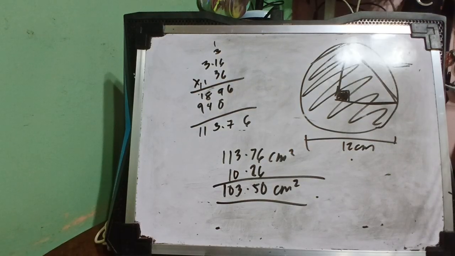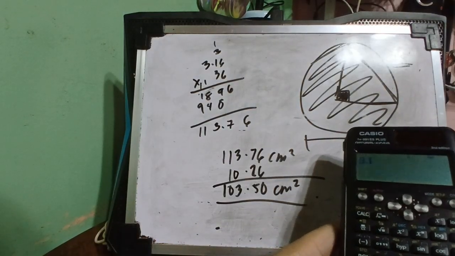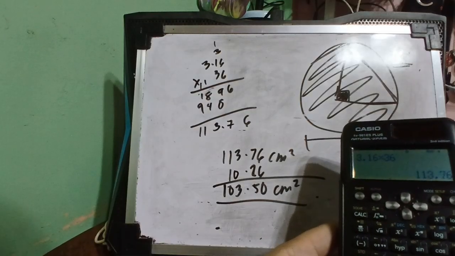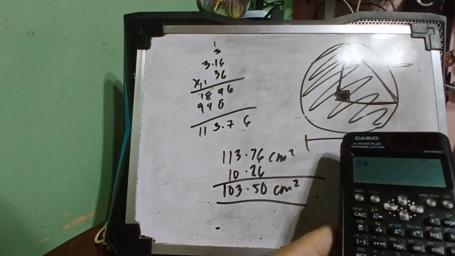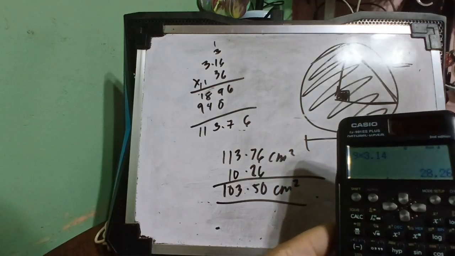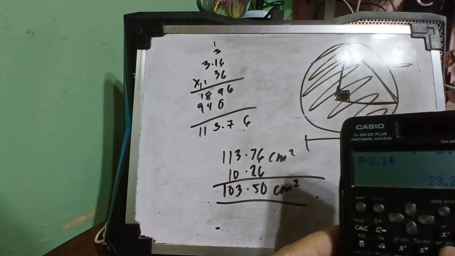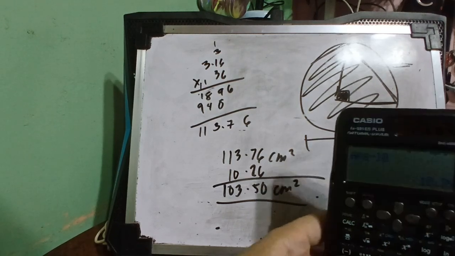But if we're going to use 3.14 instead of the pi on the calculator, let me show it for peace of mind. 3.14 times 36, we have 113.04. Then 9 times 3.14, we have 28.26. 28.26 minus 18, we have 10.26.